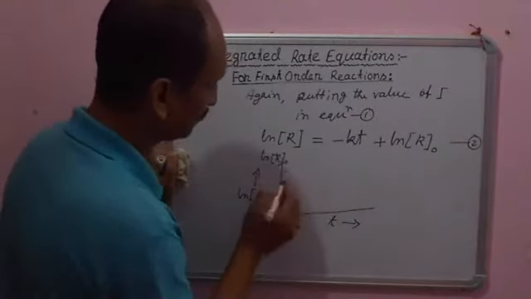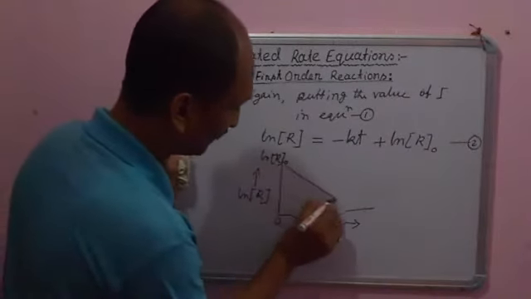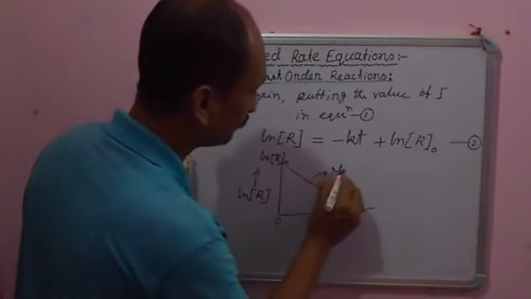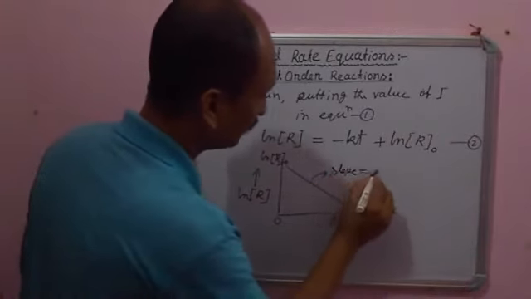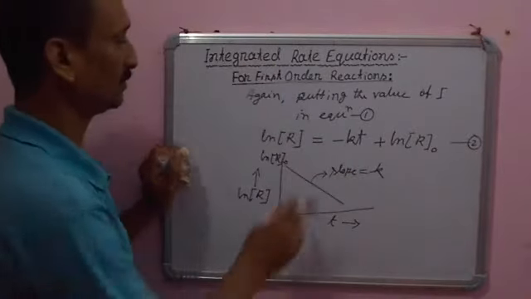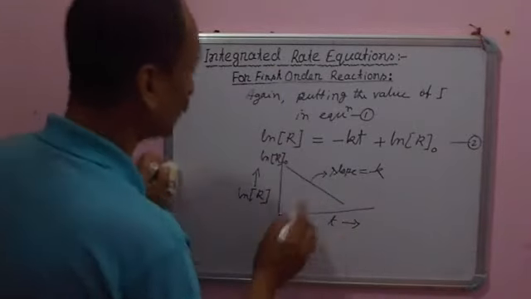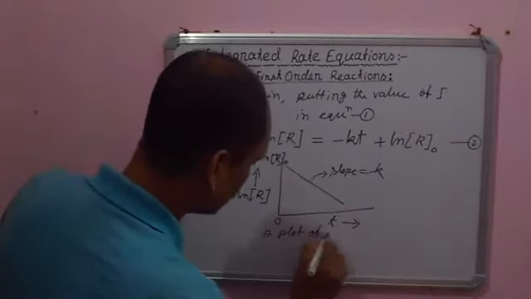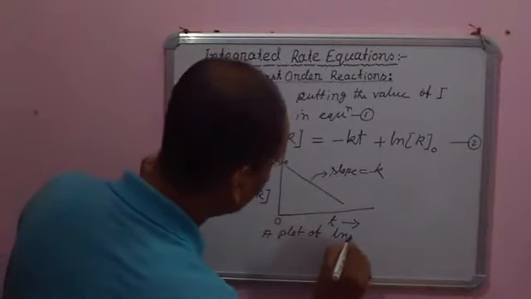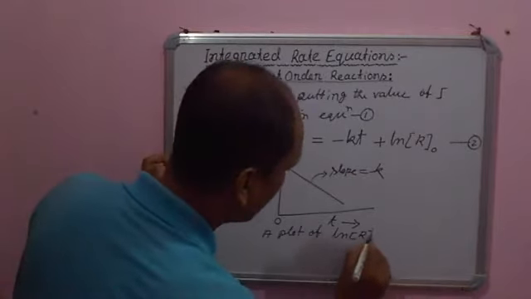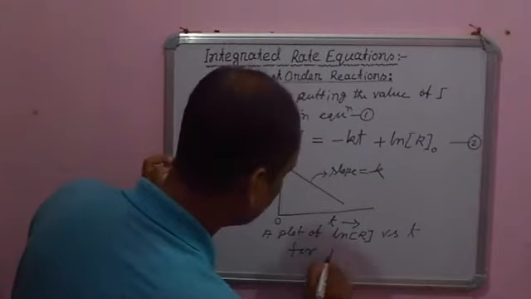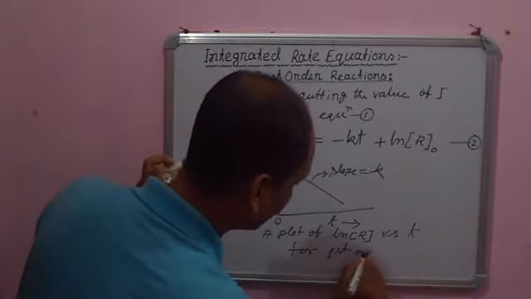So it will give a straight line with negative slope, where the slope is equal to minus k. So this is a plot of ln of R versus t for a first order reaction.